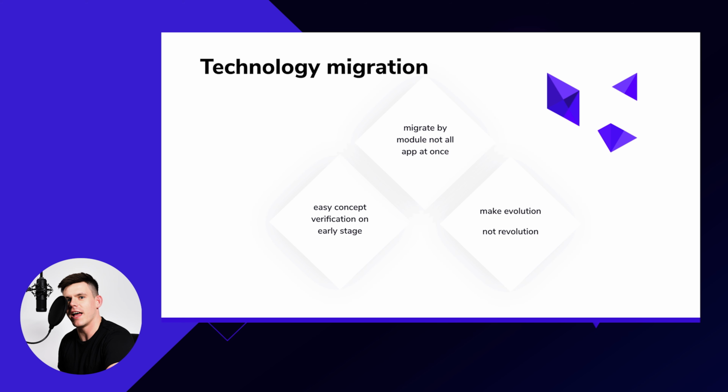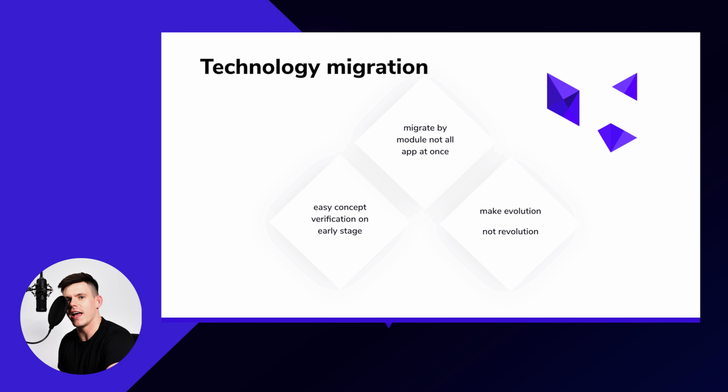But microservices are not the only case when it's worth using micro frontends. The second thing, which in my opinion is a really great usage example, is when we would like to migrate from one technology to another. Instead of making a revolution in our client app, we can slowly, step by step, migrate, for example, from Angular to React.